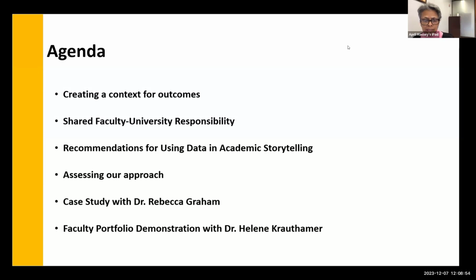Are we coming at faculty evaluation and the use of data to support the storytelling in ways that faculty members find helpful, instructive, able to support the growth and future development that you're seeking? Dr. Graham will then move us through a case study, allowing us to see application of the system and data sets. And then Dr. Krauthammer will move us through a faculty portfolio demonstration.